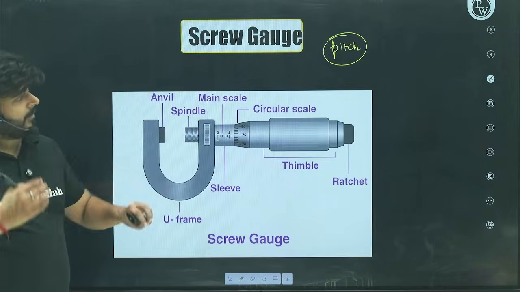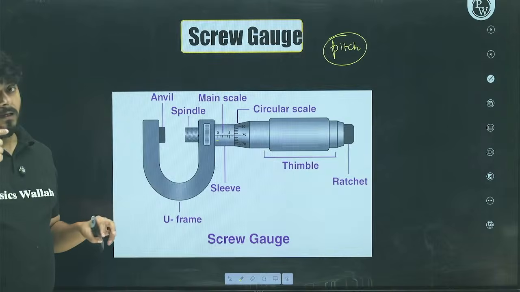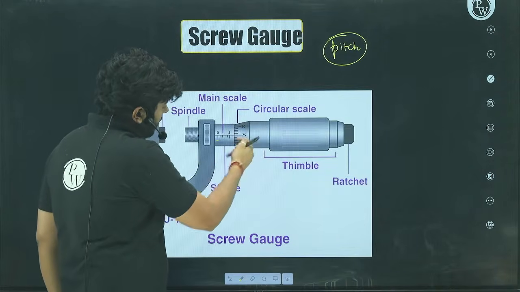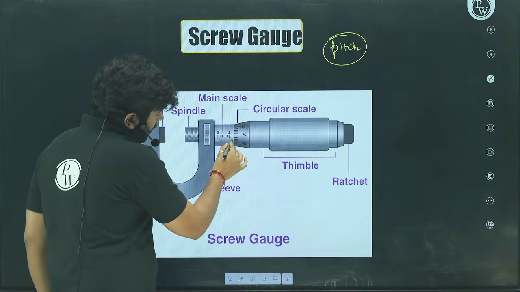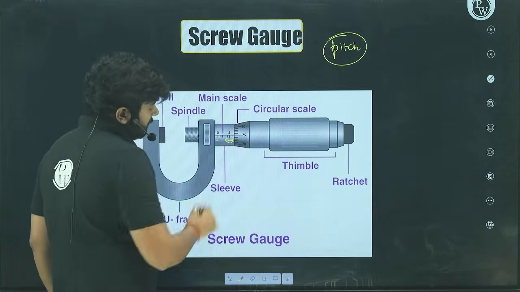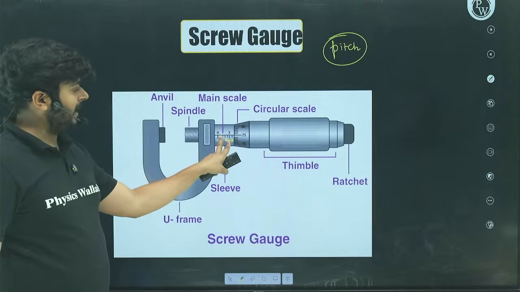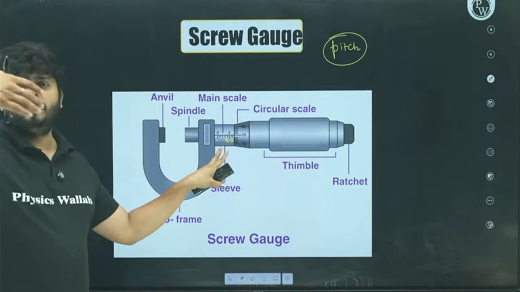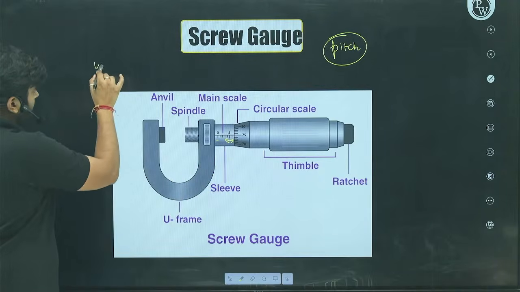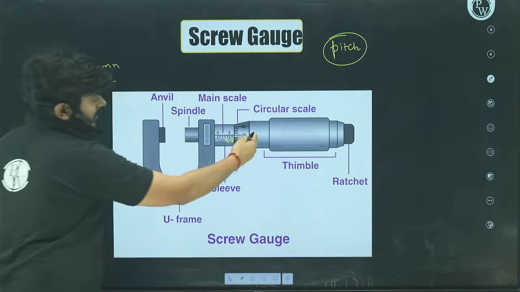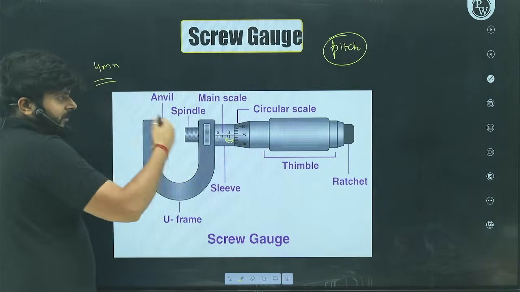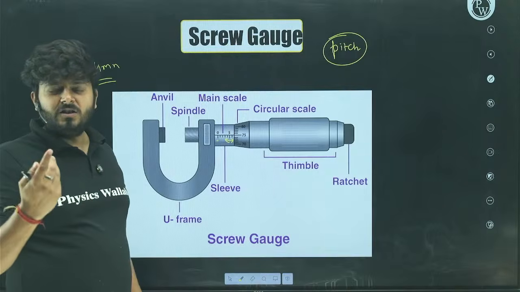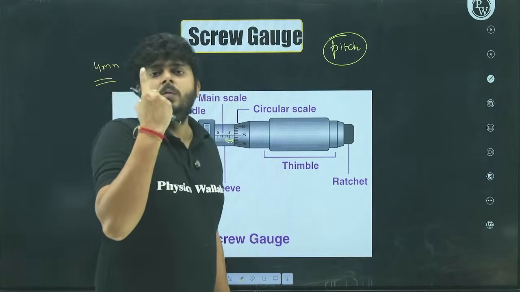How will you talk about the pitch? We can say, let's say we are rotating it 3 times, and in 3 rotations, that much part of the main scale is covered. Let's say 4 mm are covered, right? This circular scale is proceeding further by 4 mm in 3 rotations. So what is the pitch? Pitch is basically how far it moves in one rotation.